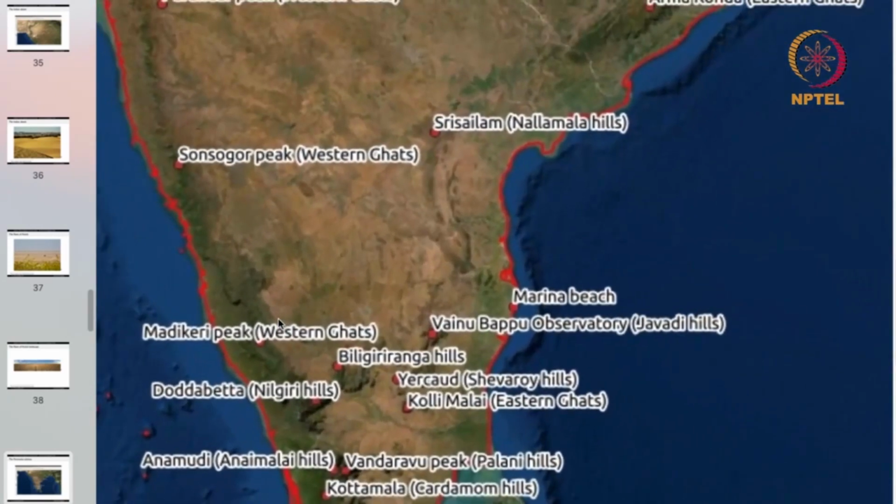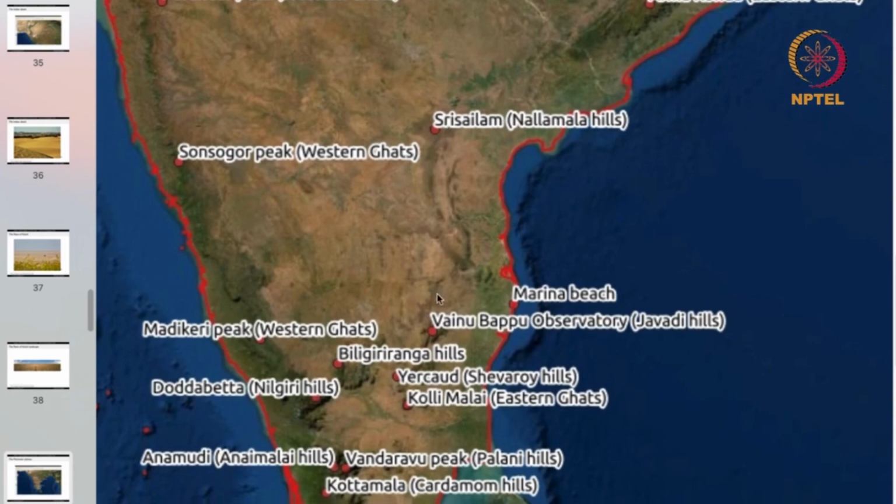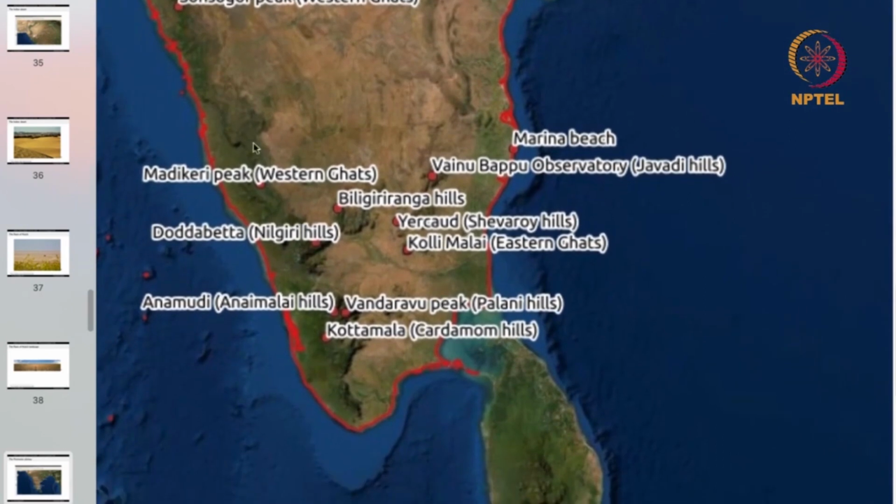Now this portion continues as the Nallamala Hills, which has areas such as Srisailam. Then towards the south, we have the Nilgiri Hills with this peak called Dodabetta. We have the Biligiri Ranga Hills here and the Javadi Hills here.